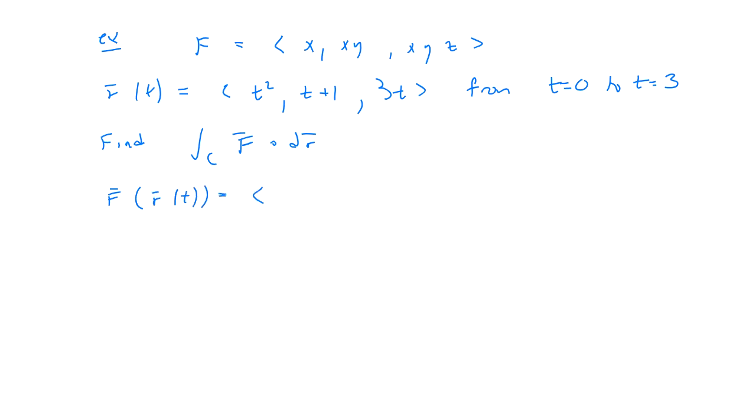So wherever I see an x, I put in t squared. Wherever I see a y, I put in the y, and z. So the function with the parameterization.